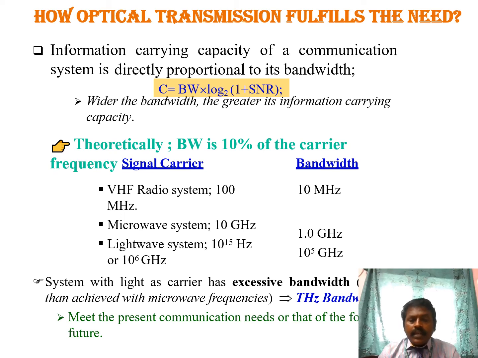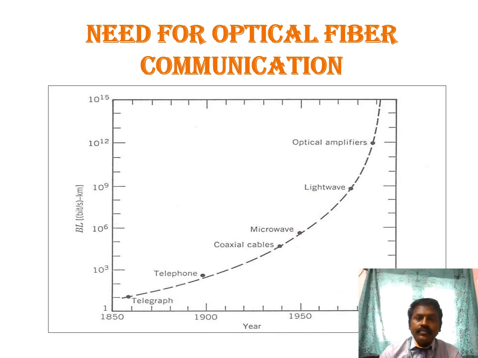Then for a light wave system, 10 power 15 hertz to 10 power 6 gigahertz, the bandwidth is 10 power 5 gigahertz. So a system with light as a carrier can achieve excessive bandwidth, in terms of terahertz. So to meet present communication needs, we need a higher capacity communication system. That is optical fiber communication.